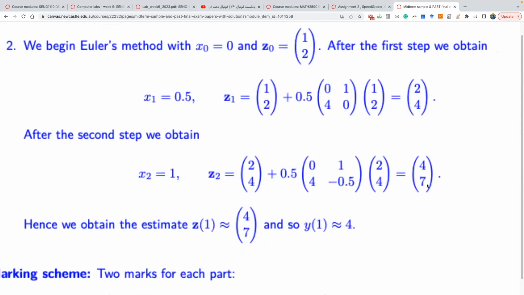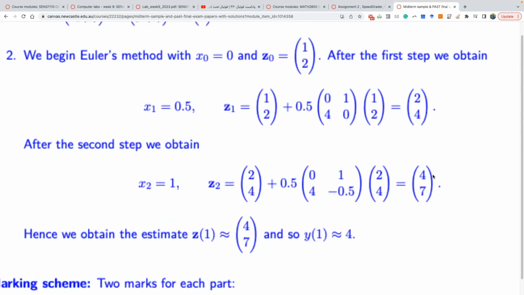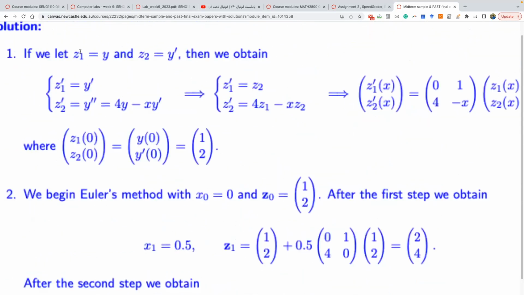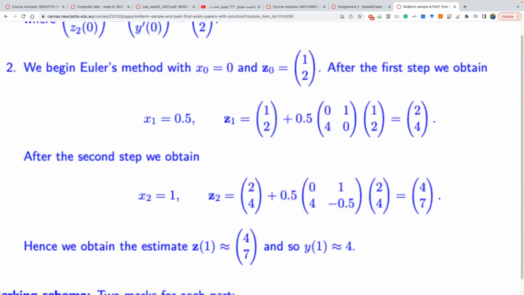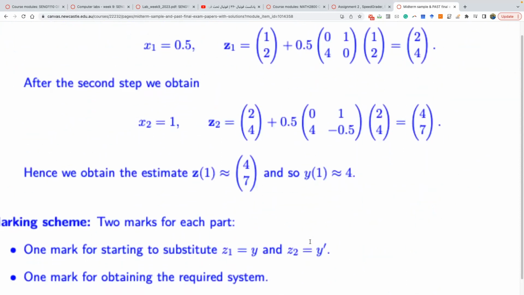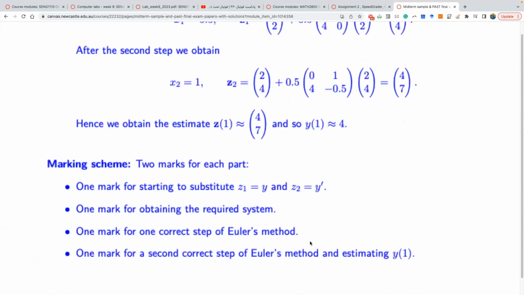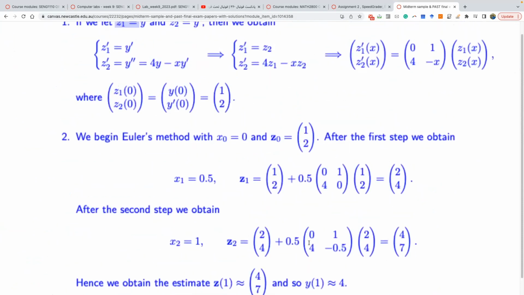After doing this, we get 4, 7. This one is Z1, this one is Z2. Z1 was y, and Z2 is not important. So y equals 4.